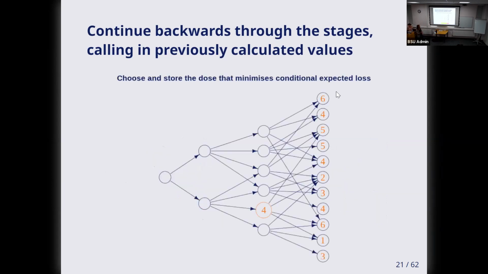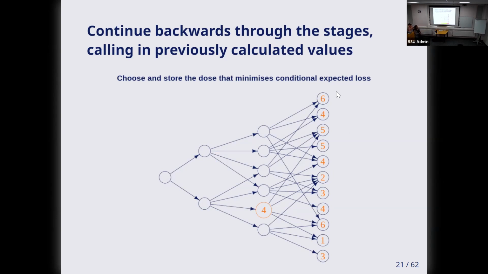So let's say that dose 4 was the best choice here, and we would do a similar calculation for every possible data set at this penultimate stage of the trial, and then we'd continue working backwards. So we're going to fill in all of these circles. The optimal rule then looks like the optimal choice of dose given whatever data we've observed so far at whatever stage of the trial.